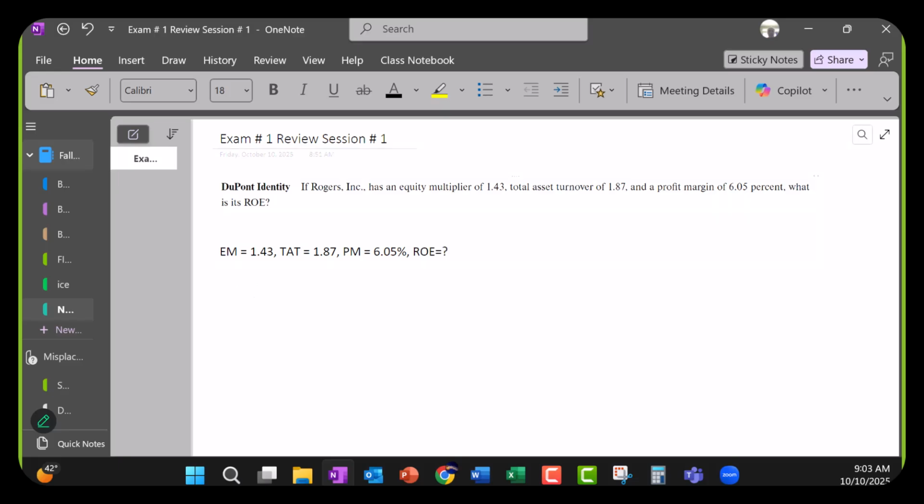Well, do you know how to do this? Or would you want to guess on how to do this? Exactly, because DuPont identity says ROE is equal to PM times TAT times equity multiplier.